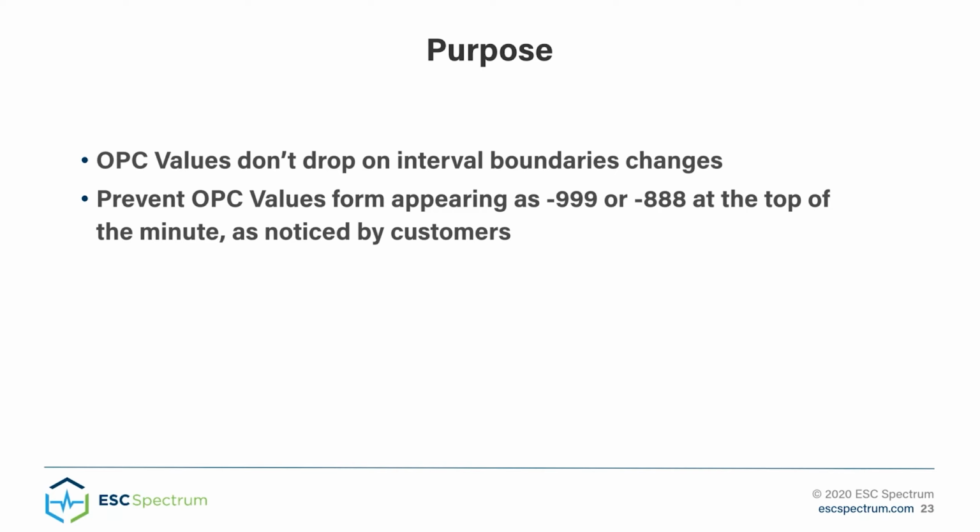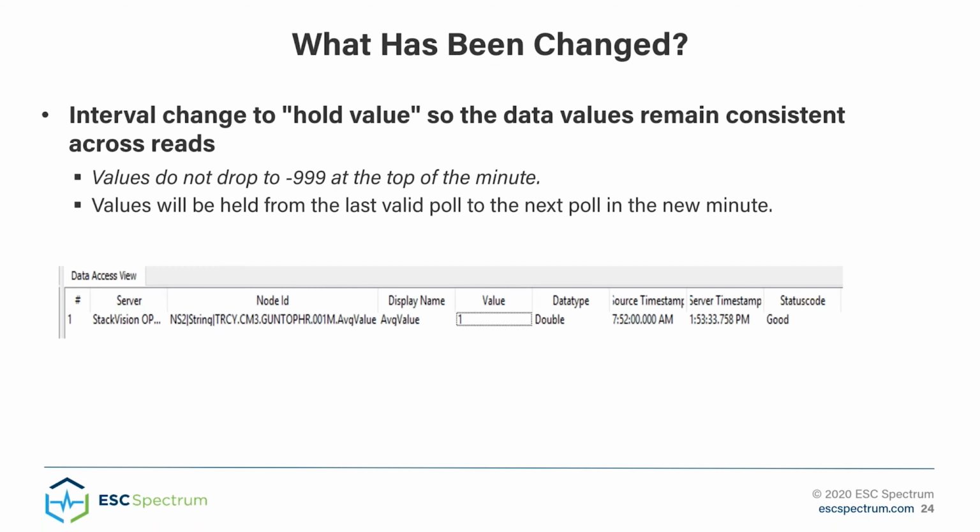The -999 value had been an issue for a long time. The OPC UA server now uses non-default records to ensure data values remain consistent between reads. Values will be held from the last valid poll to the next poll in the new minute.